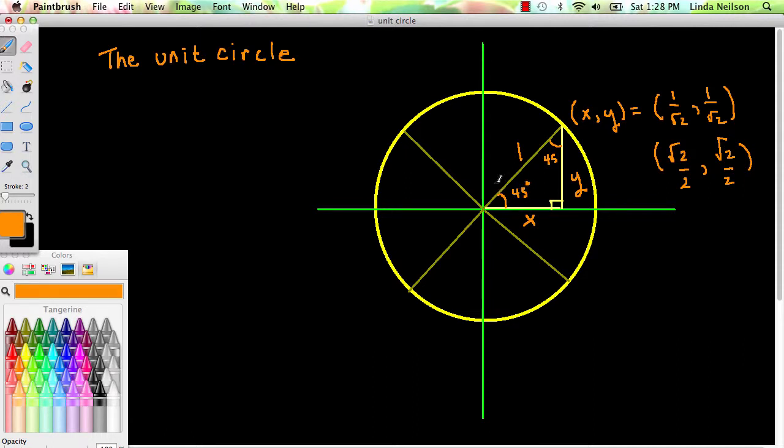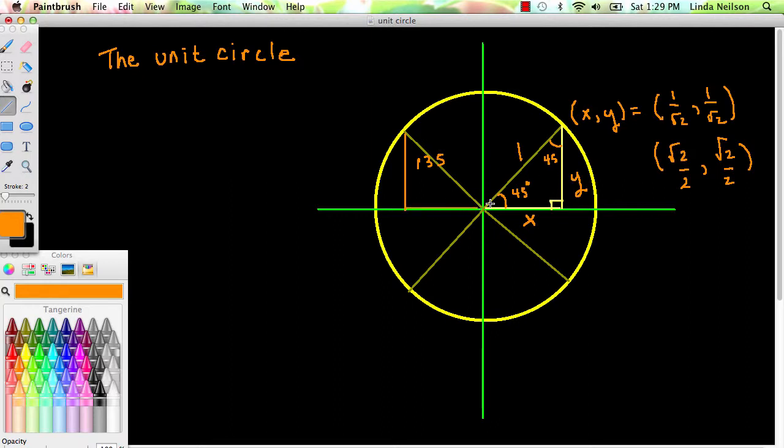Now, if we continue on, we'd be at 90, and then we'd be at 135. You notice that if we're at 135, then we get a very similar triangle happening. This height here of our point looks like the same as the y in the previous one.